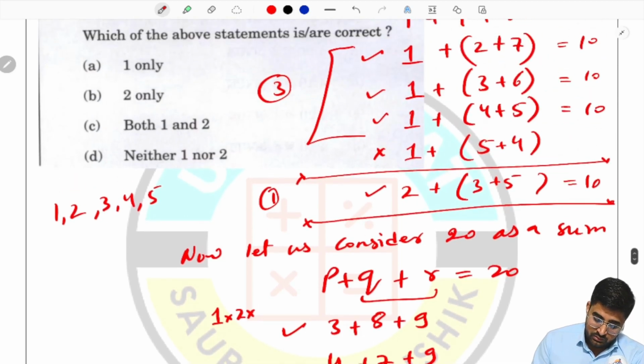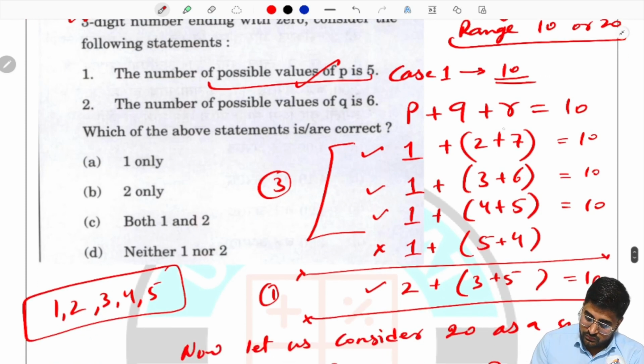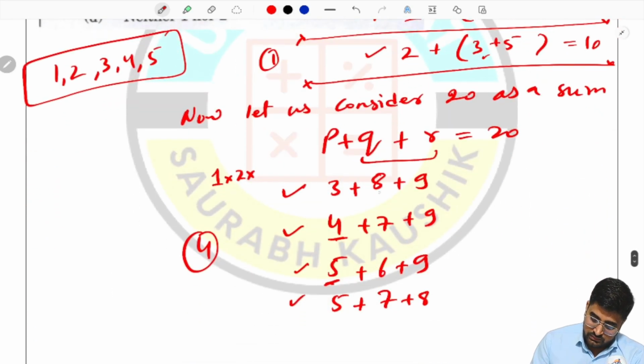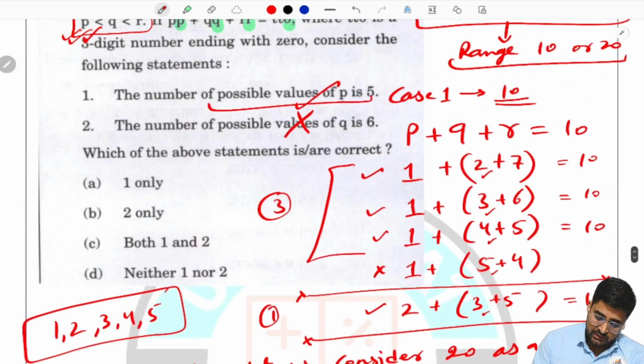Yes, so there are 5 numbers possible. Yes, this statement is correct. The number of possible values of q: 1, 2, 3, 4, 5, 6, 7, and 8. 8 is there, so this statement is wrong. So option 1 is correct.